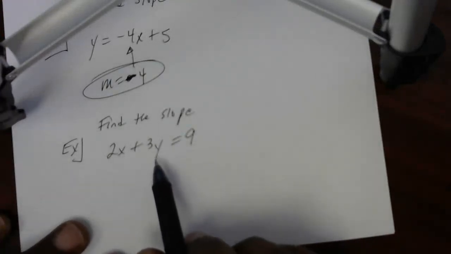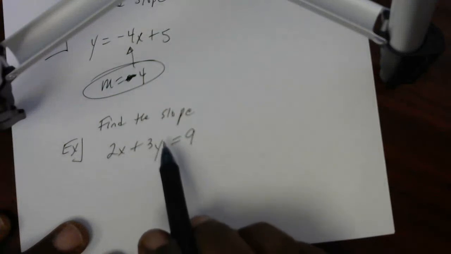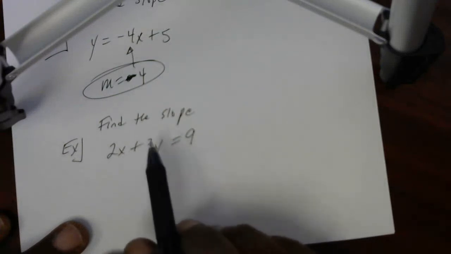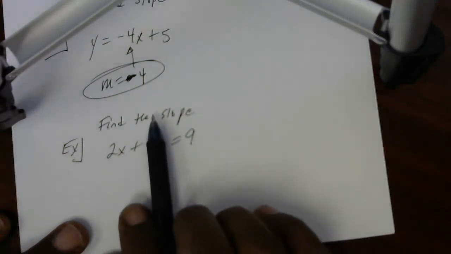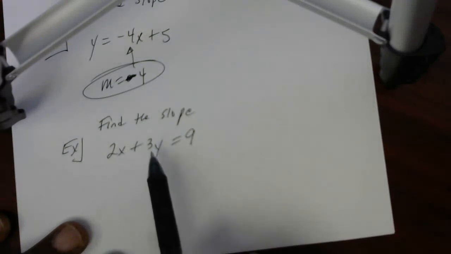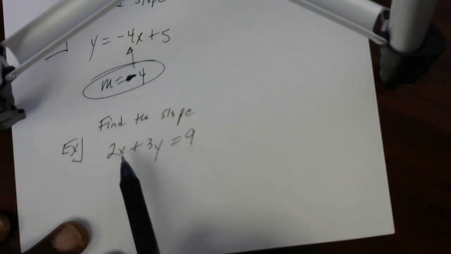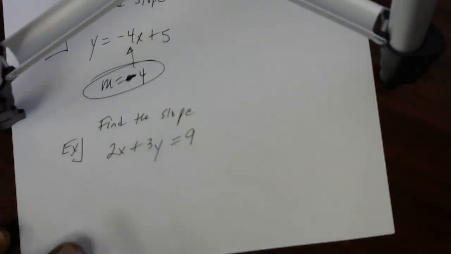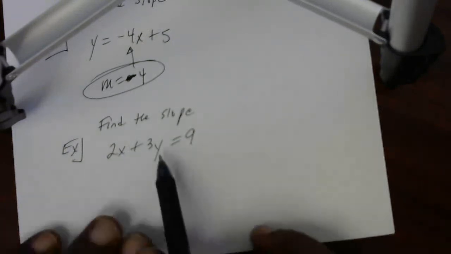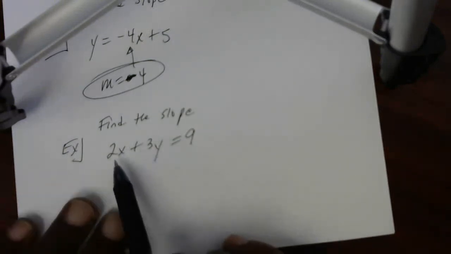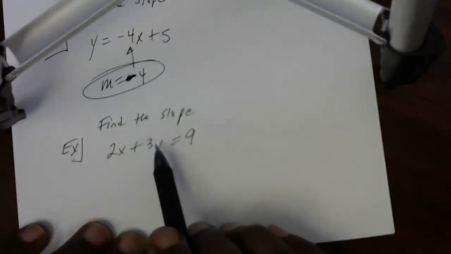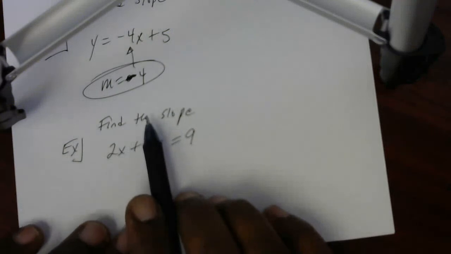Right, so the first thing I'm going to do is just locate which side of the equation my y variable lives on. So it's on the left-hand side. Also on the left-hand side, I have 2x. I'm actually solving it for y. So since my 3 and y are attached, that's one term.